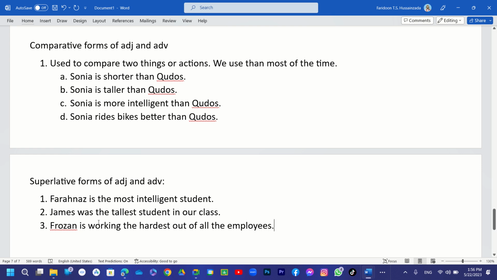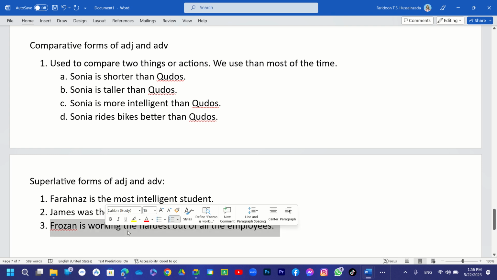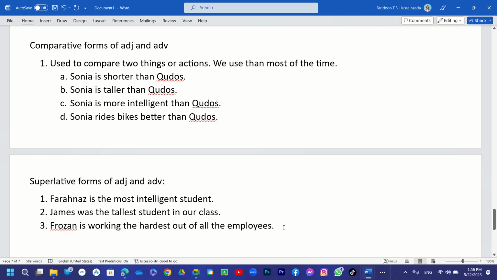Okay, Frozon is working the hardest out of all the employees. Now in here, working the hardest, this word, the hardest, is actually the adverb for working. Good? Any questions here?